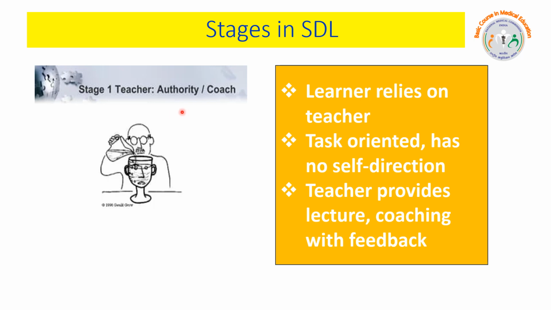So the student is totally dependent on the teacher and needs explicit instructions on what to do, how to do it, and when to do something. So they prefer teachers who are credible authorities or coaches who will make them learn. The learner relies on the teacher, and what is the role of the teacher? It is everything.